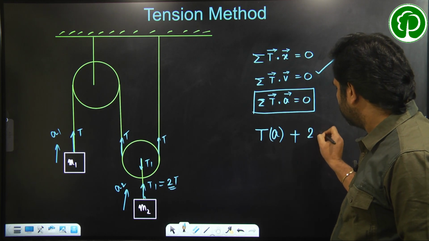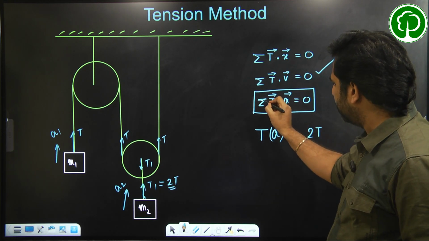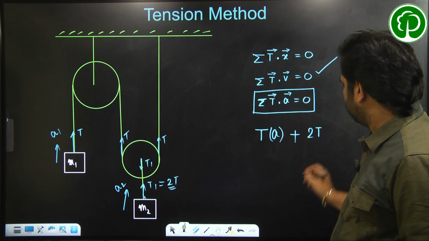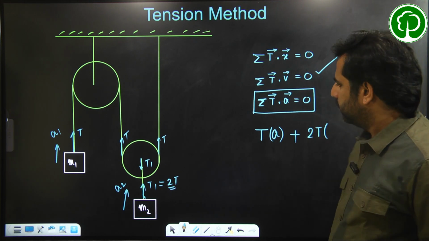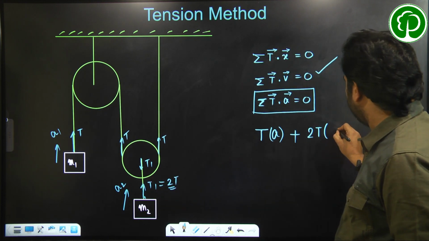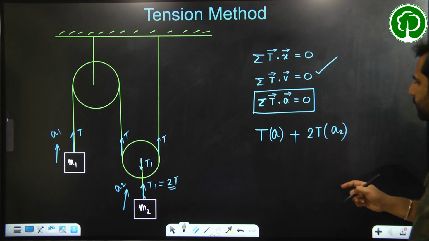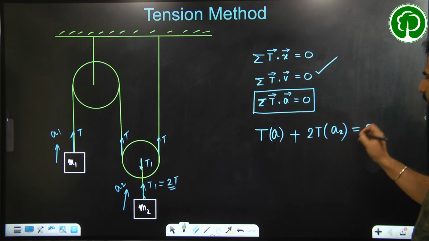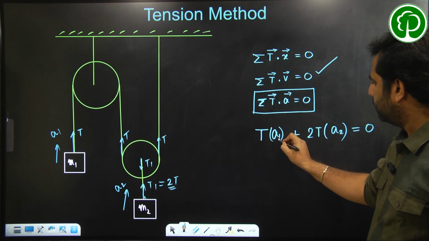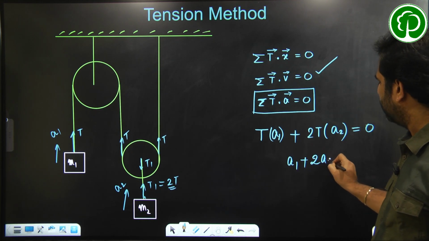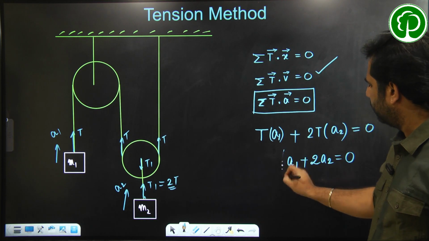So plus 2T, because you have the sigma, the sum of all the work done by the tension must be 0. So 2T into the acceleration here, A2, and the angle between tension and acceleration is 0, so cos 0, which is 1, is equal to 0. So I get A1 plus 2 times A2 is equal to 0. This is the equation.